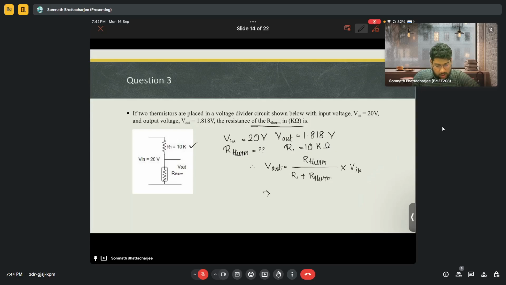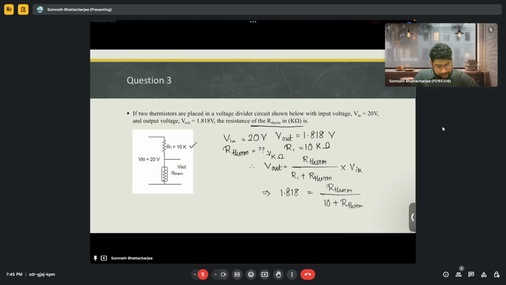So if we put it here, 1.818 equals R of the thermistor by 10 plus R of the thermistor, and we'll find this in units of kilo ohms, so we can remove the units from here. That will be in the kilo ohms range, and it will be multiplied with 20 volts.